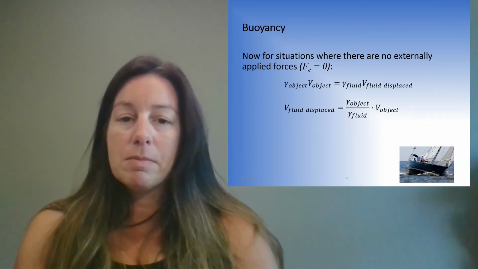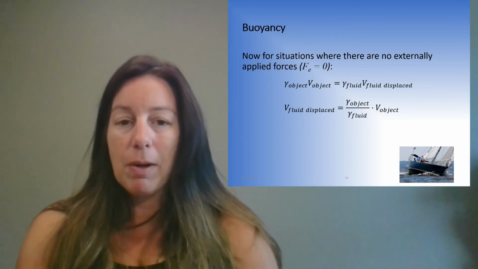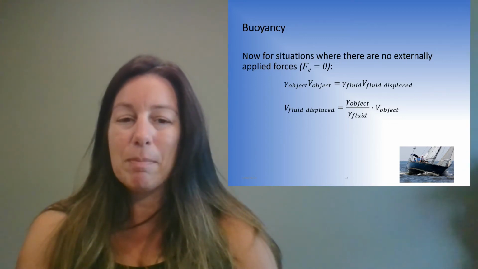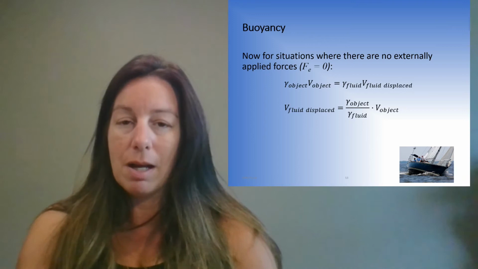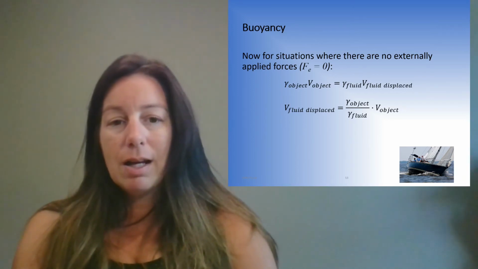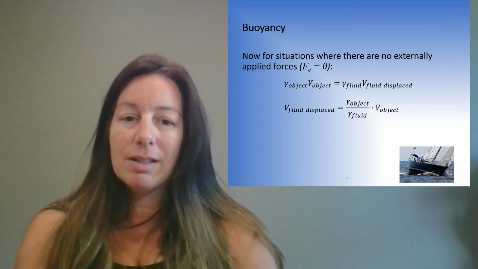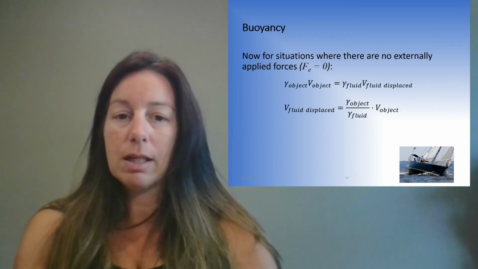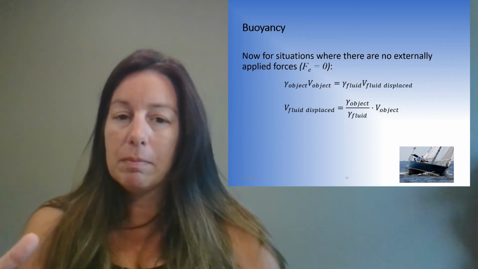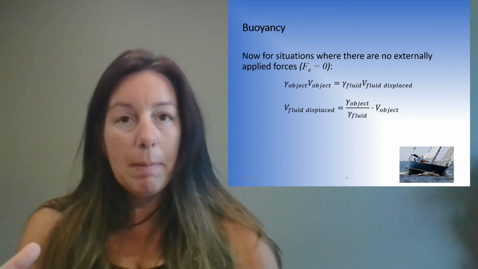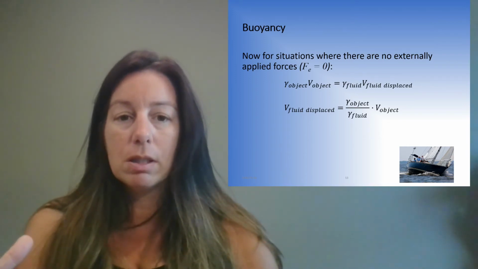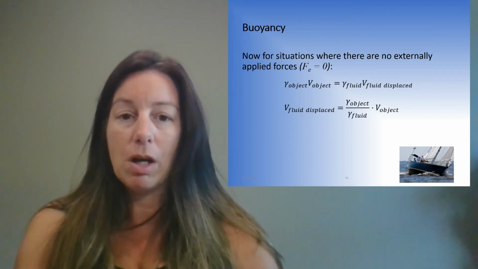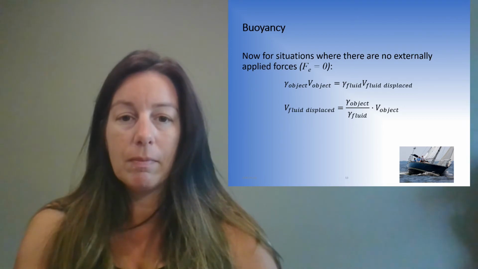So you can rearrange it if you care about the volume displaced. It's going to be that ratio between the unit weight of the object divided by the unit weight of the fluid times the volume of the object, okay? Maybe that'll help you think about whether the object's going to float or not, okay?